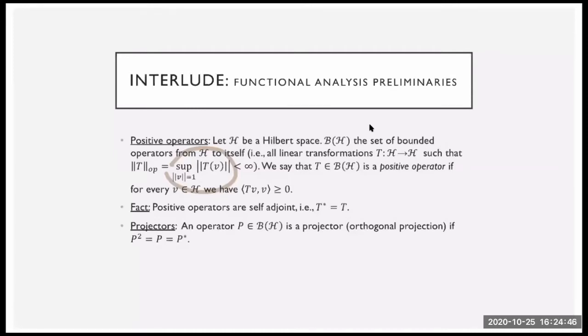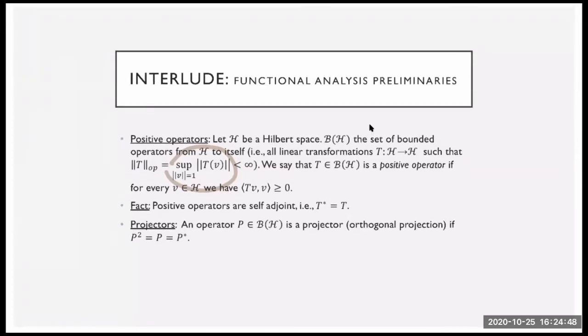And lastly, let's talk about projectors. So an element inside the bounded operators of a space is called a projector, or an orthogonal projection, if it is both idempotent, so P squared is equal to P, and self-adjoint. And last time, Guy talked about the fact that instead of thinking of experiments as positive matrices, you can think of them as just choosing a basis.